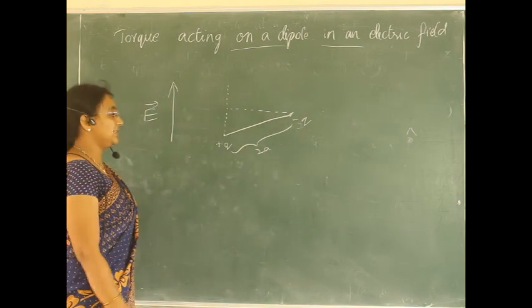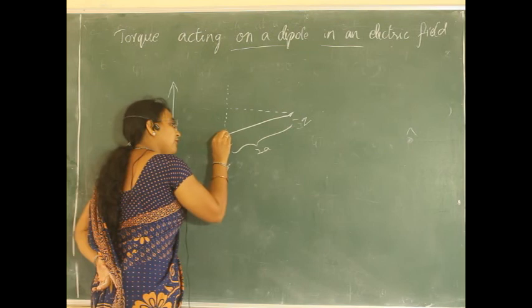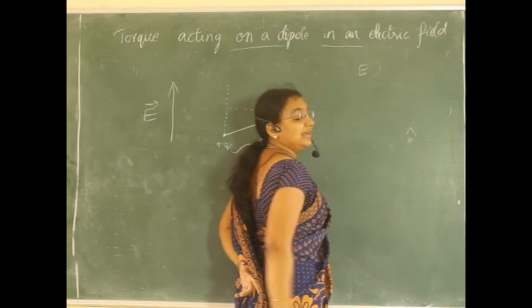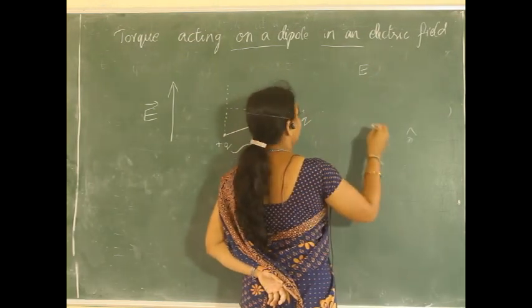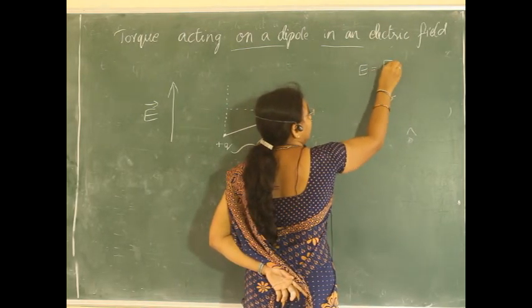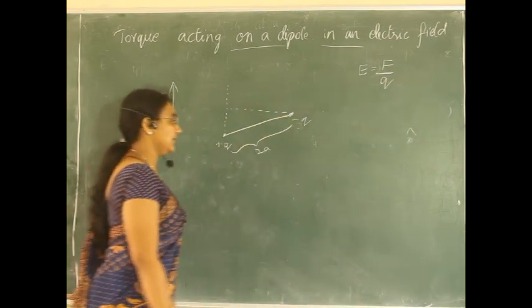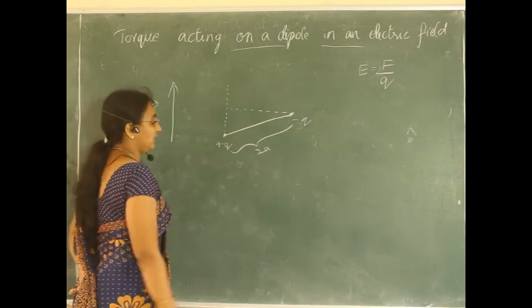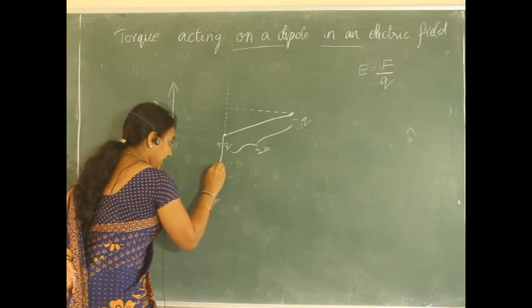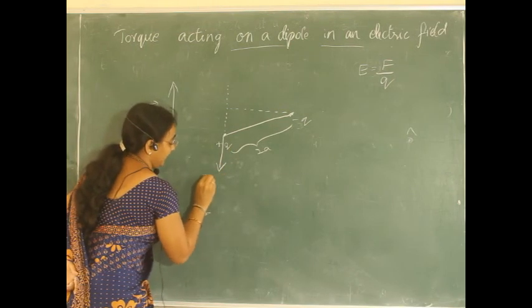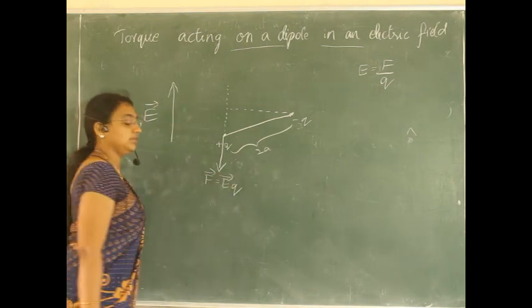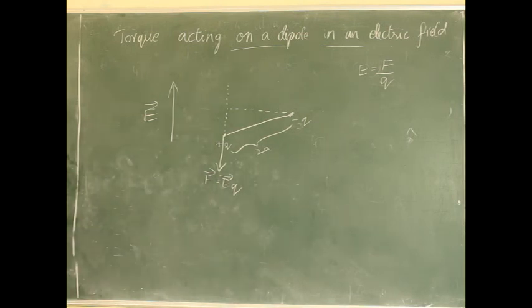When the electric field is present, there will be a force acting on these two charges, because there is a relationship between electric field and force: F is equal to qE, or E is equal to F by q. Therefore the force acting on the plus q charge due to the electric field E is F vector equal to E into q.